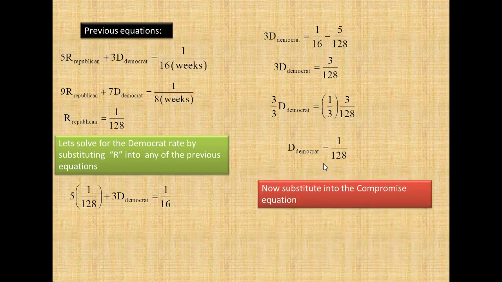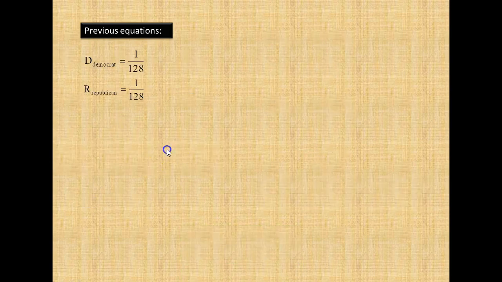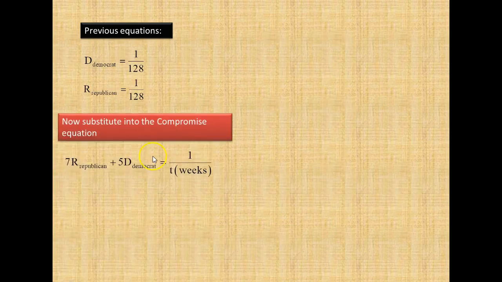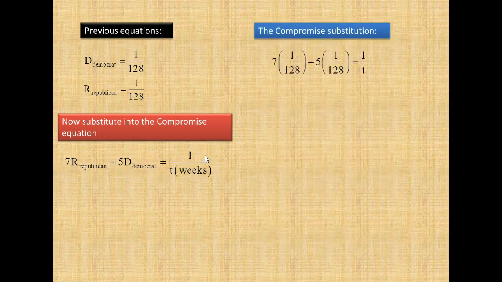Now substitute into the compromise equation. Here are our previous equations, the Democrat rate and the Republican rate. Well, our compromise is 7 times the Republican rate plus 5 times the Democrat rate equals 1 over T. We substitute in the rates, solve the equations, add the equations together.